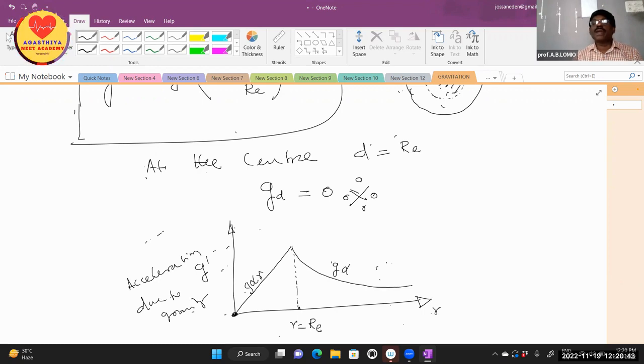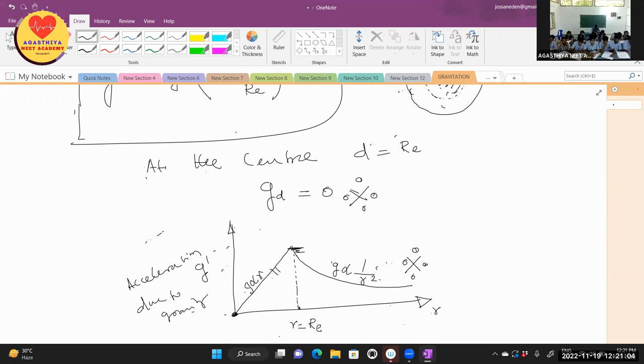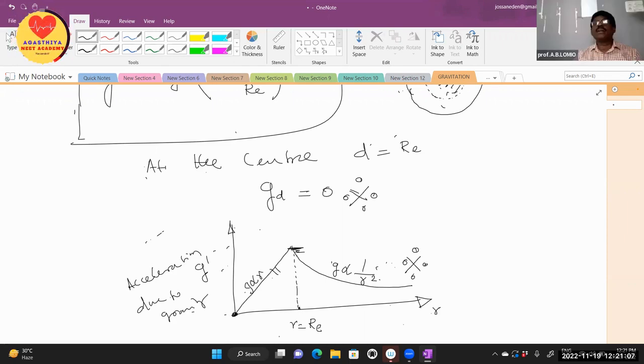The acceleration due to gravity varies inversely proportional to the radius squared. This graph is very important. At the surface, it is maximum. Inside the surface, it keeps decreasing to 0. It is linear, a straight line. Above the surface, it is inversely proportional to the distance squared.